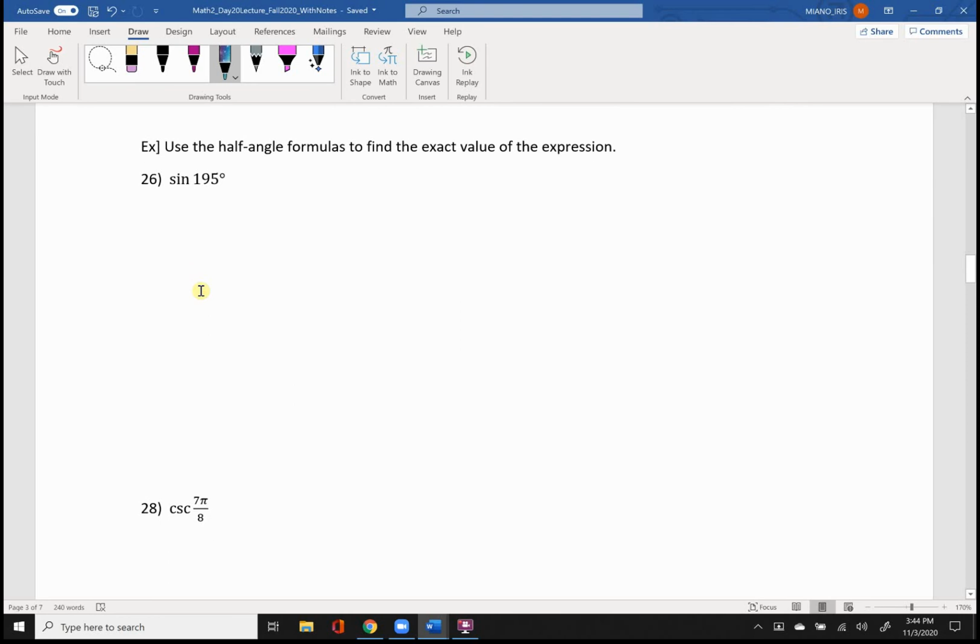Okay, let's move on to the next example, where we're going to use the half angle formulas to find the exact value of the expression here. So take your sine of 195 degrees and say, all right, 195 degrees is half of what?